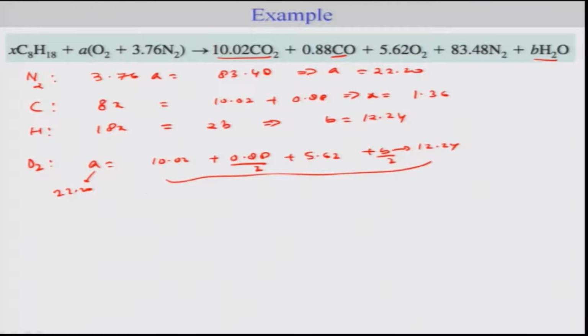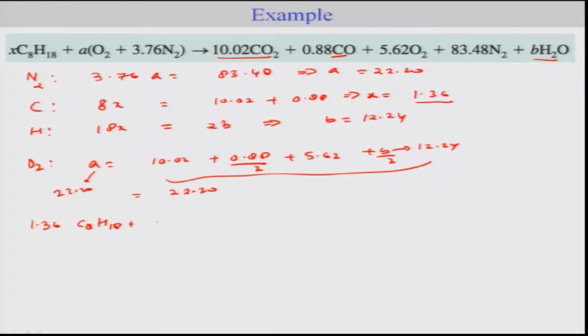If you sum these individual terms, it turns out to be 22.20, which means you have done it correctly. So you now have X, which is 1.36.